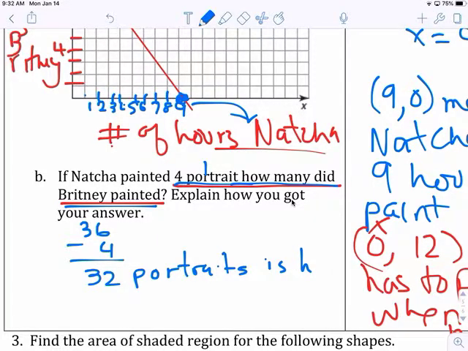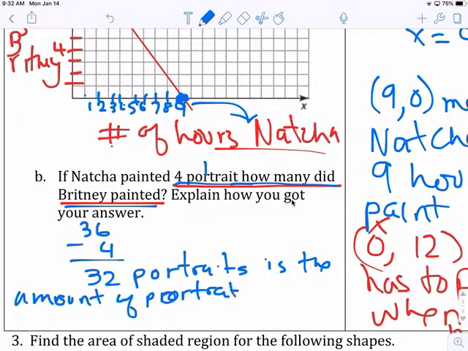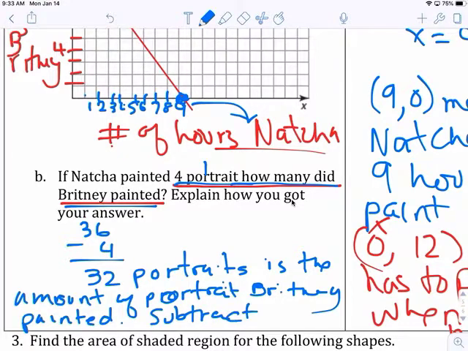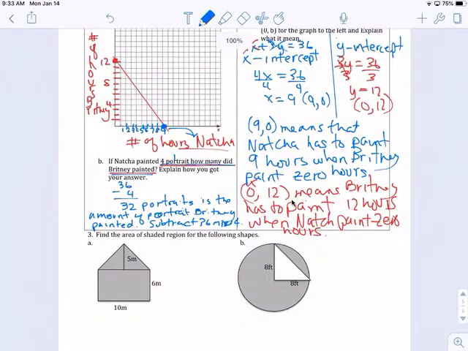The amount is the amount of portraits Brittany painted. Subtract 36 minus 4. Okay, that's an easy one.